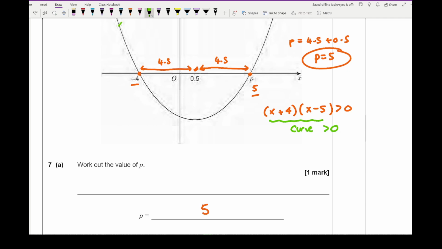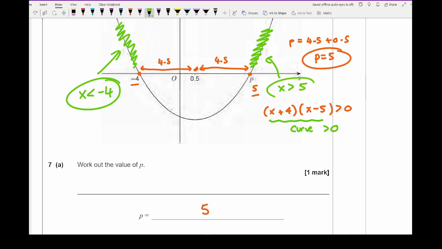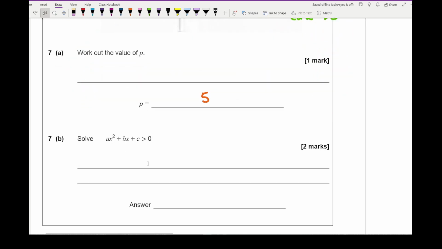So what we're wanting is this region here and this region here. This region here is where x is less than minus 4, and this region here is where x is greater than 5. So our answer for 7b needs to be that x is less than minus 4 and x is greater than 5.